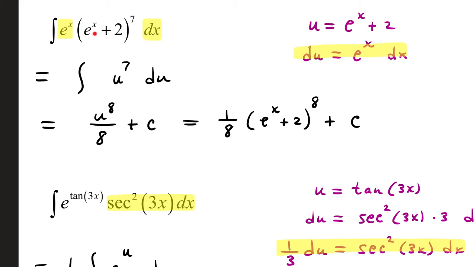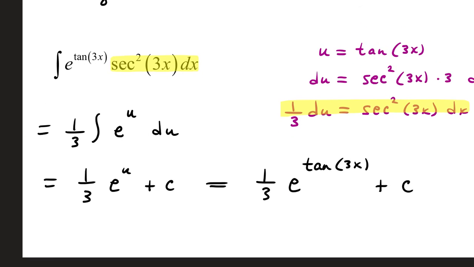We have our substitution to the 7th, u to the 7th. e^x dx is du. Antiderivative, u to the 8th over 8 plus c, replacing u with e^x plus 2. So we have 1/8 (e^x plus 2) to the 8th power, plus c.